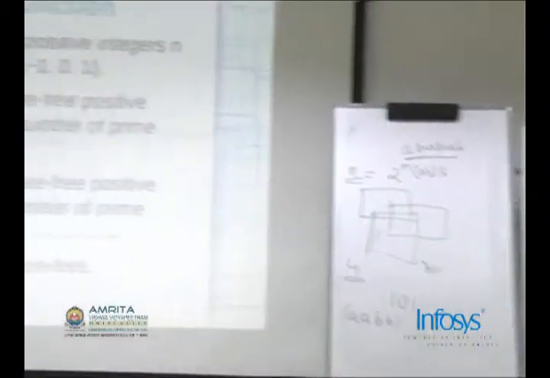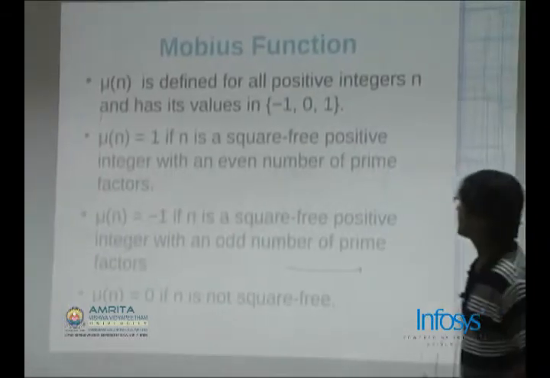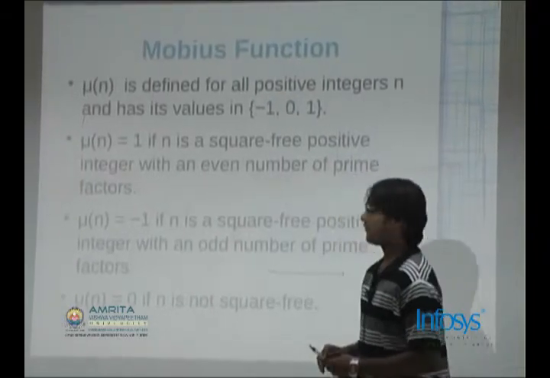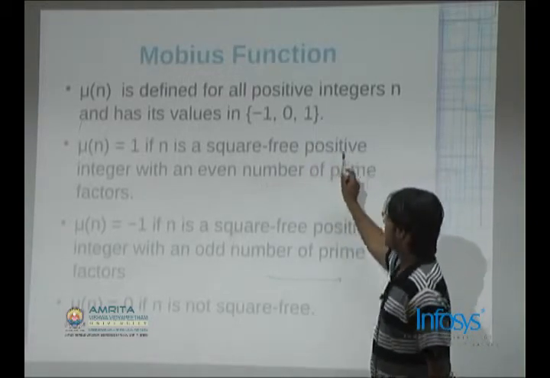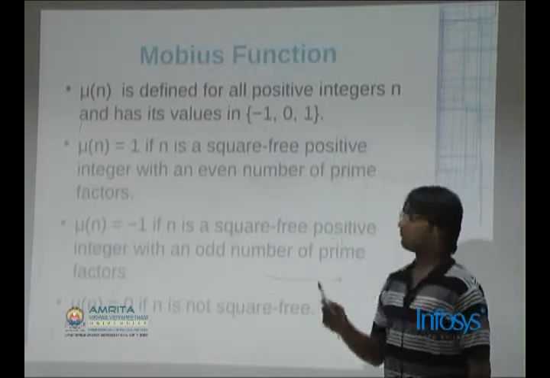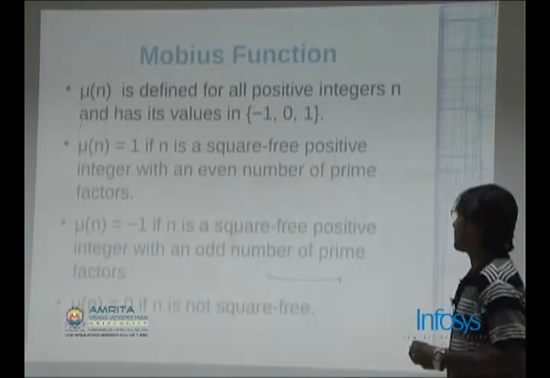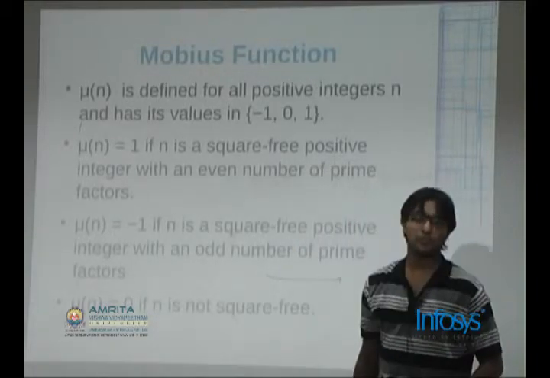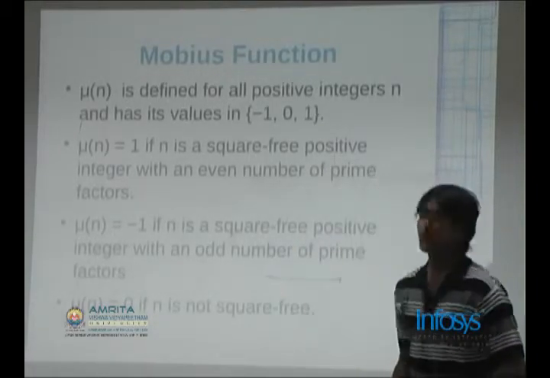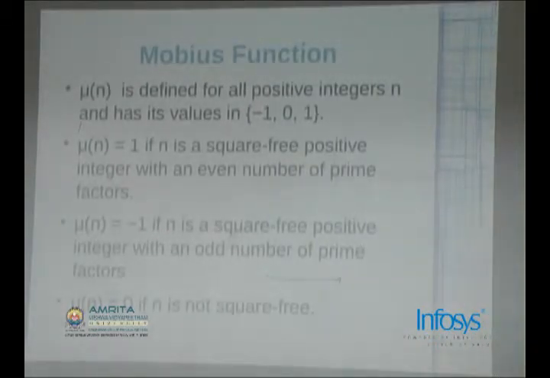Before I tell the complete solution, I will be taking this Mobius function. So Mobius function is nothing but defined to be -1, 0 or 1. Consider prime factorization of any number. If that particular number is a square free number, I'll explain what square free is. Square free number is that none of the prime factors is repeated. Basically, if any prime factor occurs, it occurs with a power of 1.